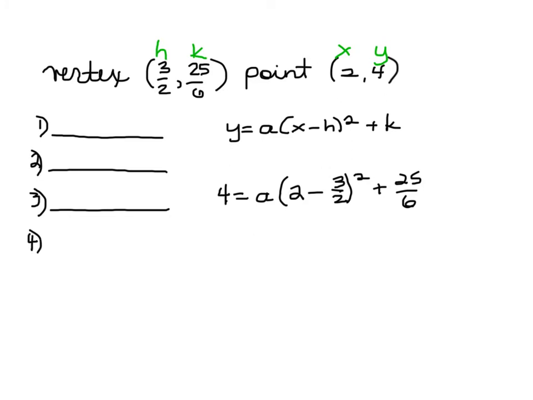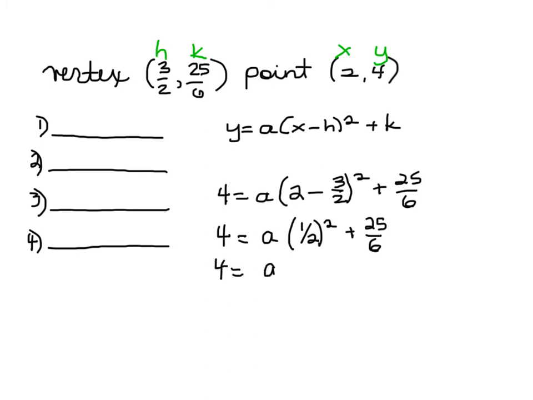Fourth would be follow PEMDAS and solve for a. So I'm going to get 4 equals a times (2 minus 3 halves, which is 1/2) squared plus 25 over 6. I'm going to square that 1/2, and if I leave it, 1/2 times 1/2 is 1/4. If I leave that 1/4 right there, it's going to look like my next step is to add those together, and that's why I don't want you to do that.